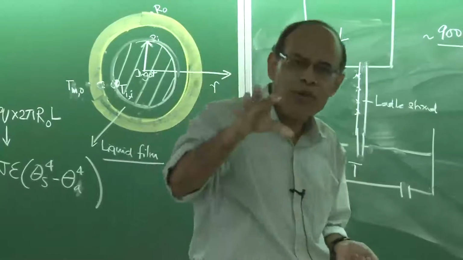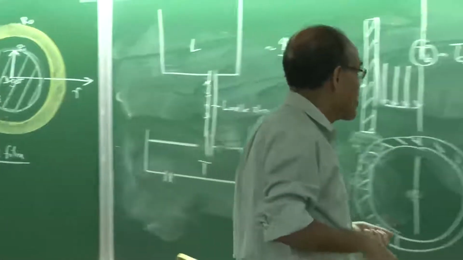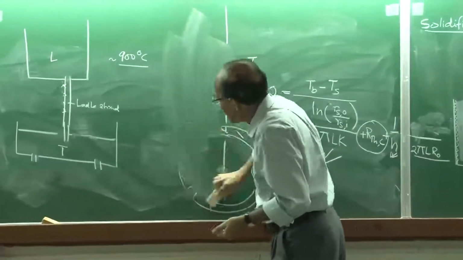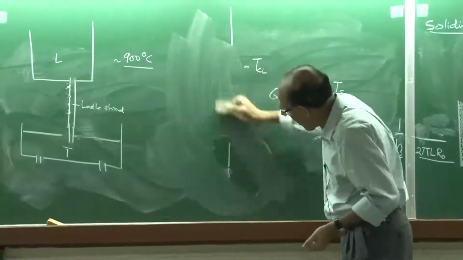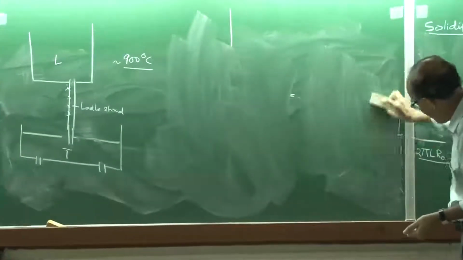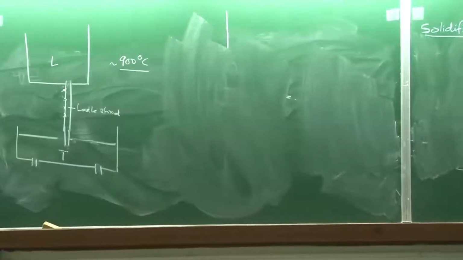So conduction, convection, radiation fundamentals can be applied, and you can find out the temperature drop, the complete solidification time, etc., by incorporating such measured values, which have been tabulated by many investigators and researchers in the literature.